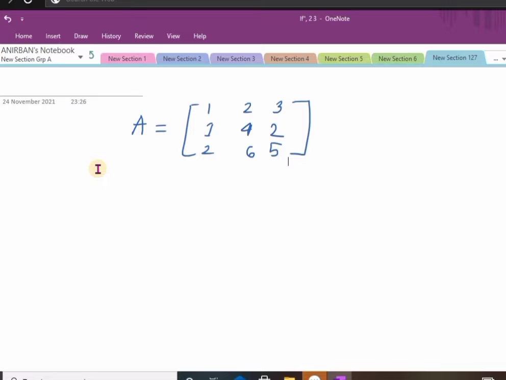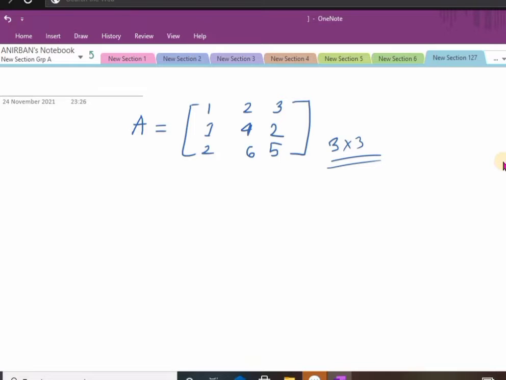Here the matrix is obviously a square matrix because it is of order 3 cross 3. So you can determine the rank of the matrix with the help of the submatrix concept, that is, the order of minors which have non-zero determinant. So we can do this also.